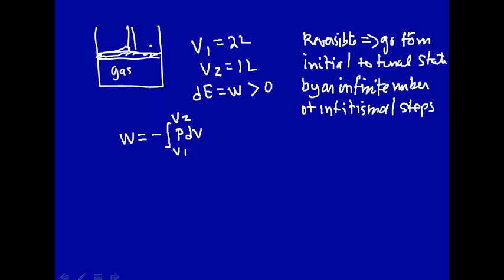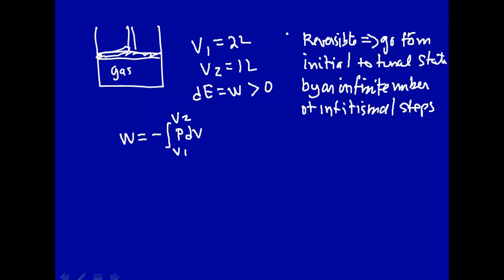What does that mean? Well, we're going to compress this gas, go from 2 liter to 1 liter, so we very slowly push this piston down, and each step that we push the piston down is an infinitesimal step. If we do an infinite number of those infinitesimal steps, we eventually get from our initial to our final state.